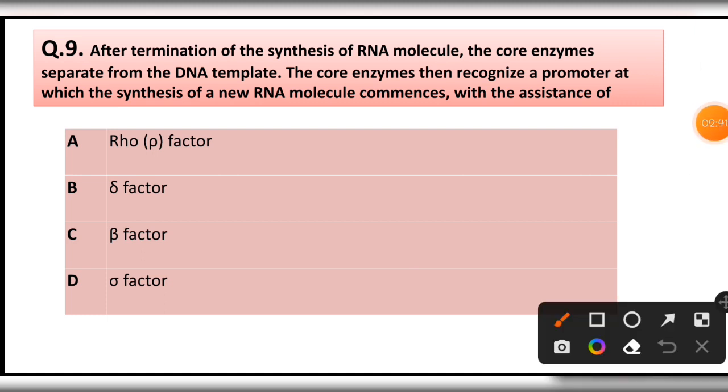After termination of the synthesis of RNA molecule, the core enzyme separates from the DNA template. The core enzyme then recognizes a promoter at which the synthesis of a new RNA molecule commences with the assistance of rho factor, sigma factor, beta factor. Correct answer is option D, sigma factor.